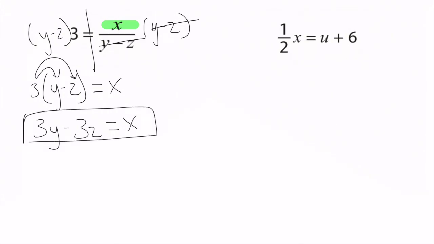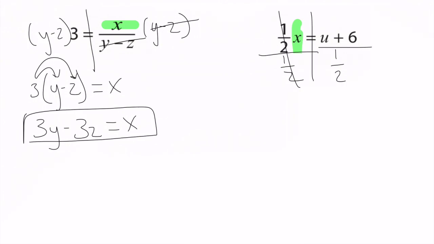Let's look at this one. Again, we want to get x by itself, so that means we are going to divide by 1/2. When we divide by 1/2, that's the same thing as multiplying by 2.